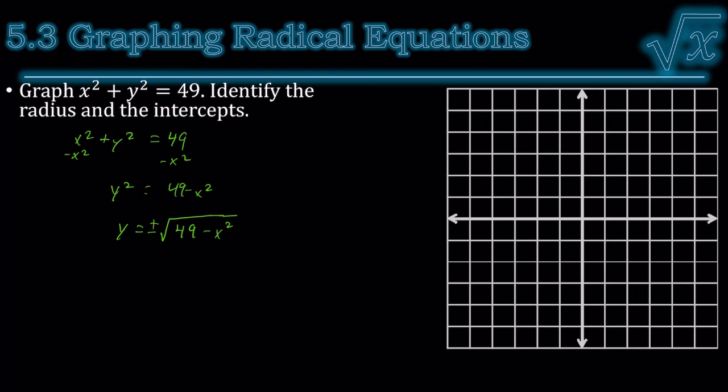So put it in my calculator. Negative 7 is 0. Plus and minus 0 if you'd like. We have the plus and minus.